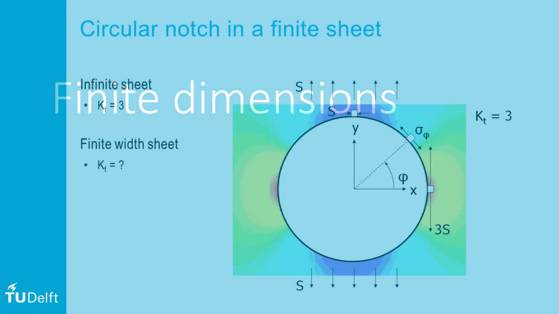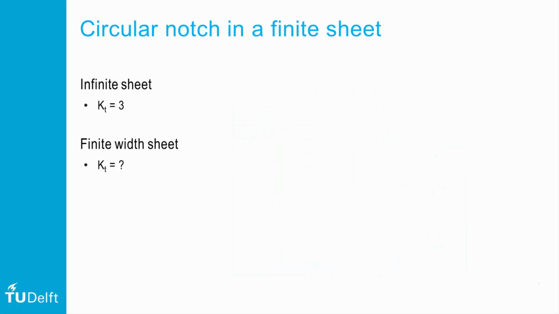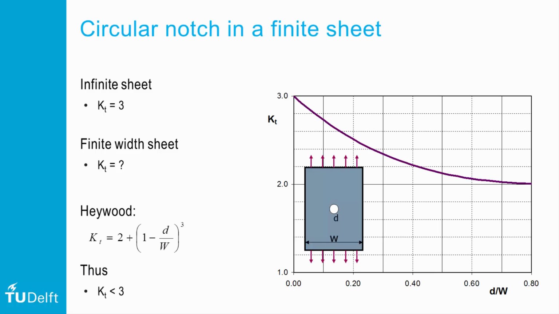A circular notch in an infinite plate has a stress concentration factor equal to 3, as we have seen before. And now the question is, what if the plate has a finite width? What is then the stress concentration factor? Well, that can be illustrated with a graph here on the right hand side.